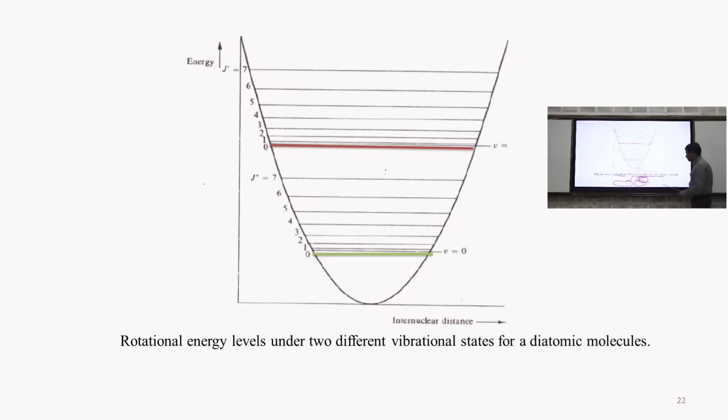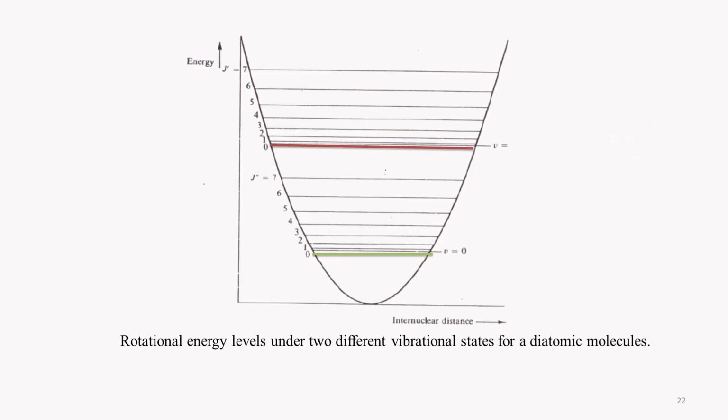So now we are in a situation to describe this. This is your potential energy surface. We are considering two vibrational energy levels: one is V equals 0, another one is V equals 1.